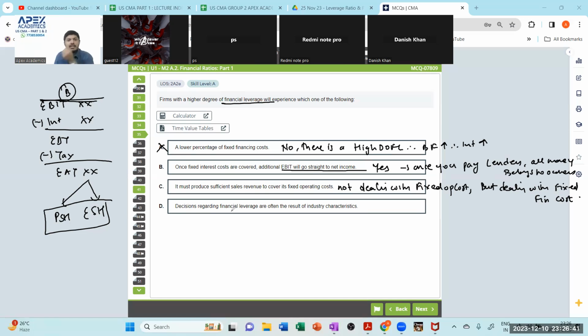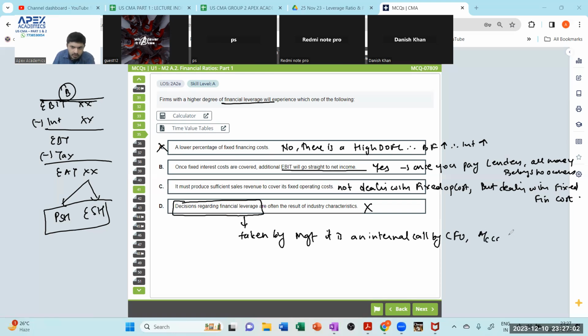Decisions regarding financial leverage are often a result of industry characteristics. No. Financial leverage decisions are taken by management. It is an internal call by the CFO, accounts controller, and team. It has nothing to do with industry.